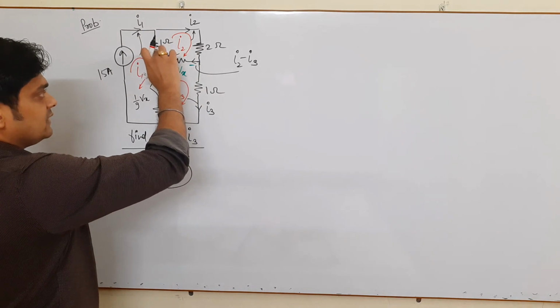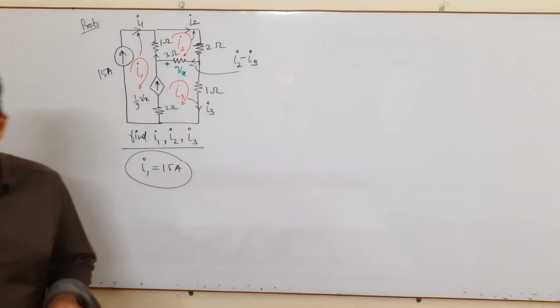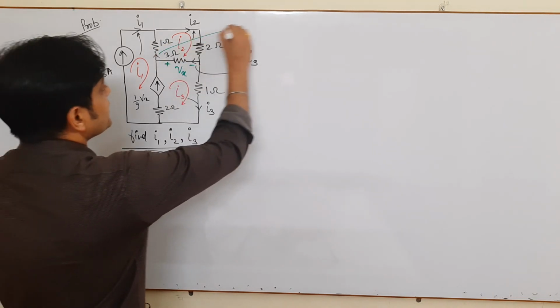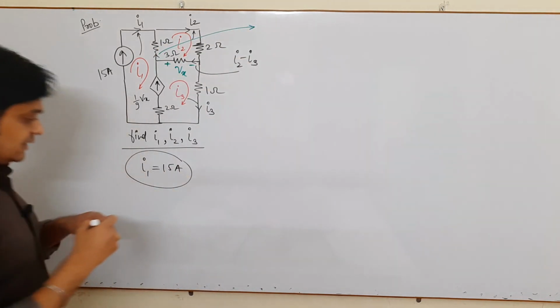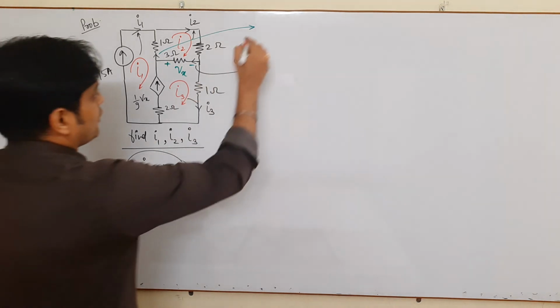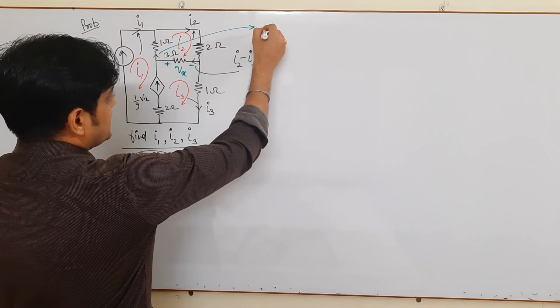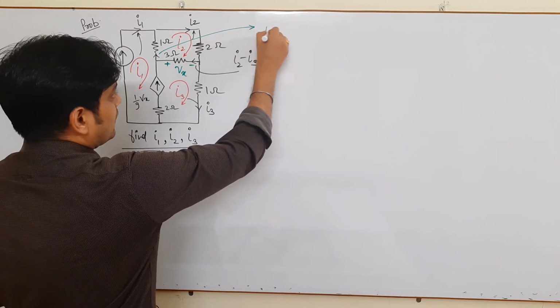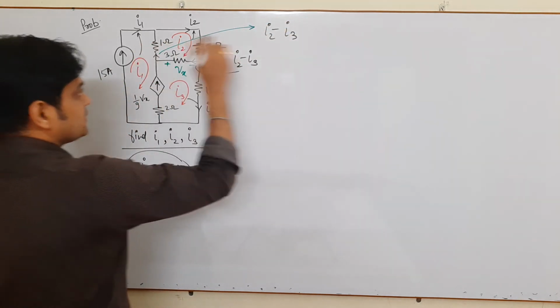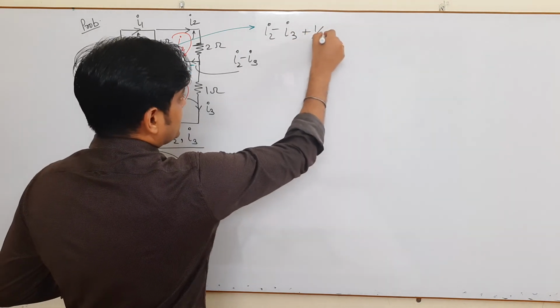So first of all, I will see what this current is. The current which is flowing in this branch is basically I2 minus I3, this current plus this current. So it is 1 upon 9 of Vx.